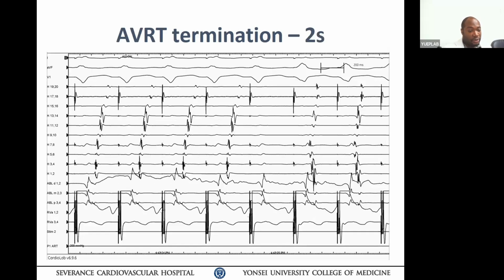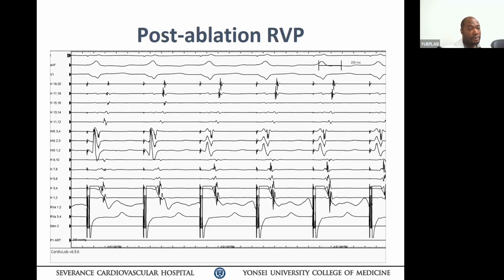And after onset of burn, within 2 seconds, we see that the eccentric retrograde conduction pattern terminates, and then it becomes concentric, which tells us that the left lateral accessory pathway was terminated.